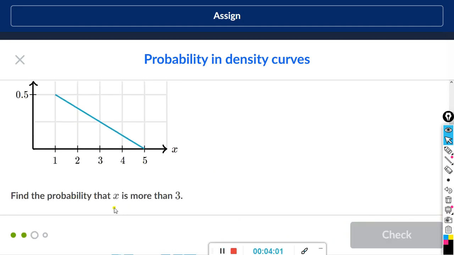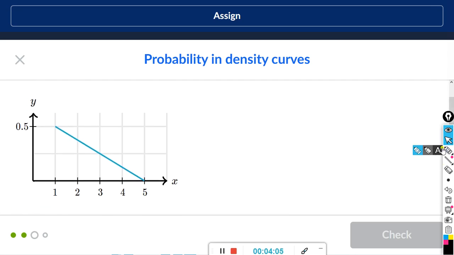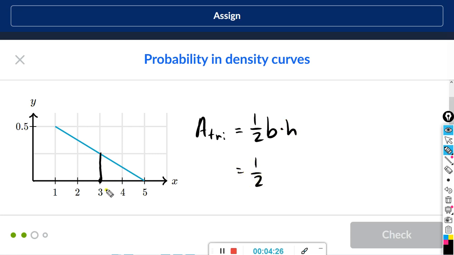All right, so these are all very similar problems. Probability that x is more than 3. So here's the x-axis. Go to x equals 3 and close it off. And x is more than 3 is to the right. Okay, so for the triangle, it's 1/2 base times height. The base of this triangle goes from 3 to 5.